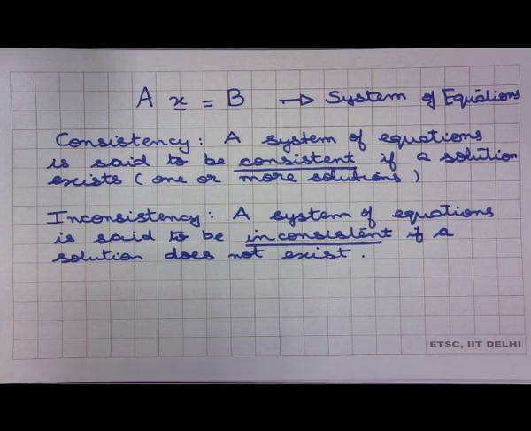Okay. So, the goal of saying these terms consistency and inconsistency is to give a short form expression for talking about solutions of x. So, we will say system of equations is consistent or system of equations is inconsistent, and that would be short form for saying whether it has a solution or does not have a solution. On that note, I must mention that a lot of interchangeable terms are used.